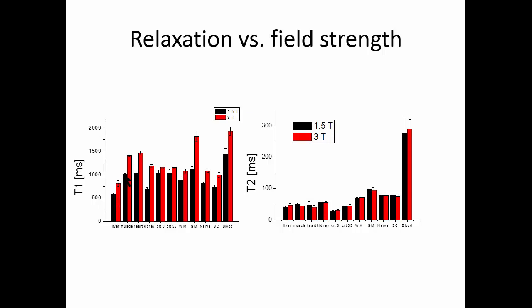If you have a bunch of tissues like liver, muscle, heart, kidney, cartilage, white matter, gray matter, and blood, all of them will have a T1 increase, but not necessarily by the same amount. And this is for some peculiar reason. Gray matter increases way, way more than, for example, cartilage does. And I will try to explain to you why this is the case later on.